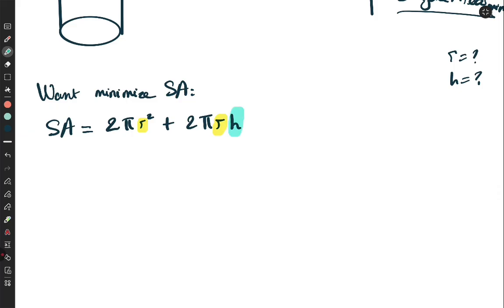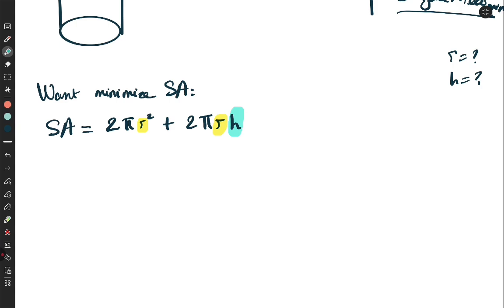To minimize this, we know the game now. Derivative, set that equal to 0, critical point, derivative test, and done. Before all of that, it has to be one variable, either r or h. The other one has to go away. Okay, 2 is 2, pi is pi, nothing there.